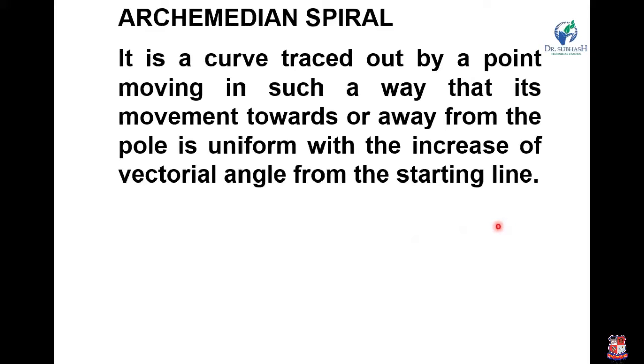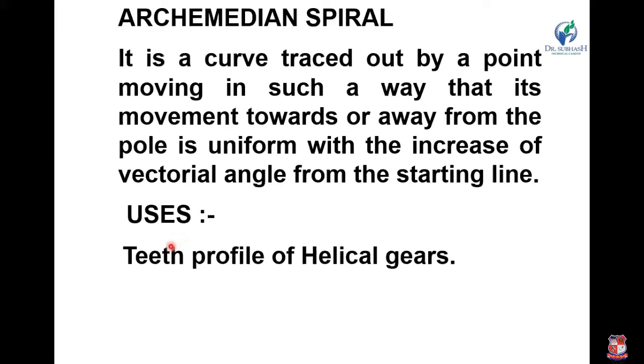So this curve is known as an Archimedean spiral. What are the uses of this Archimedean spiral? The teeth profile of helical gears and the profile of cams. There are a number of uses of this spiral curve.